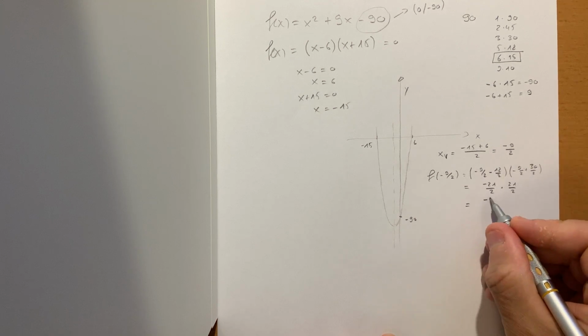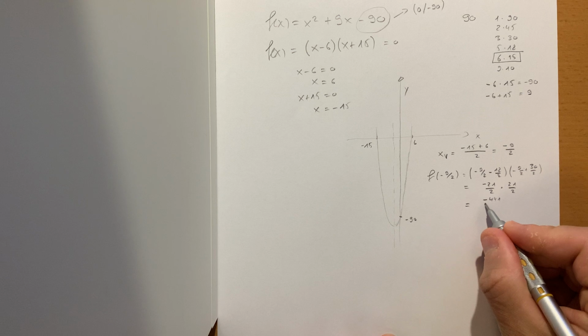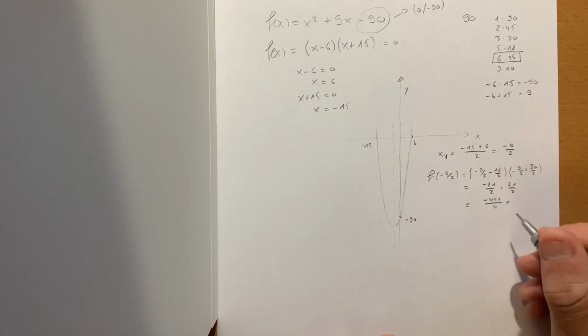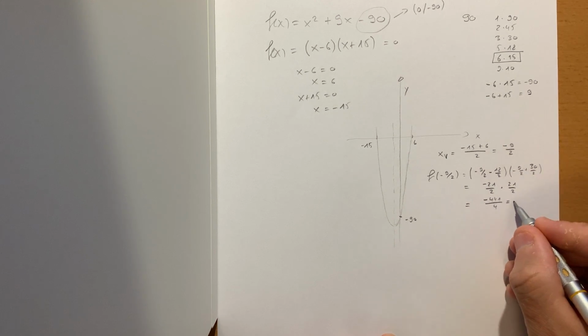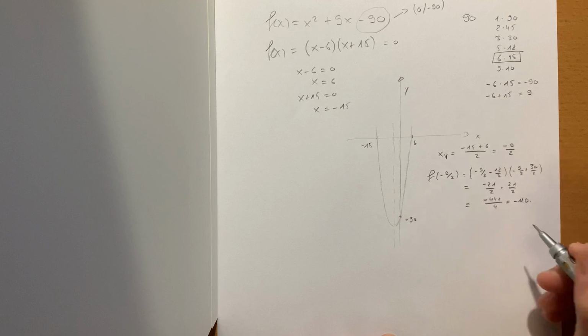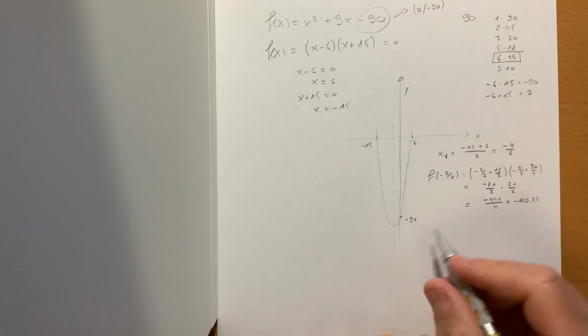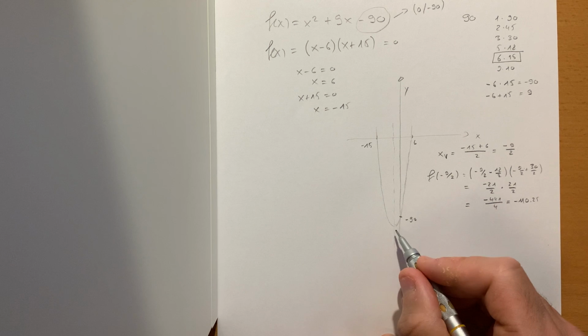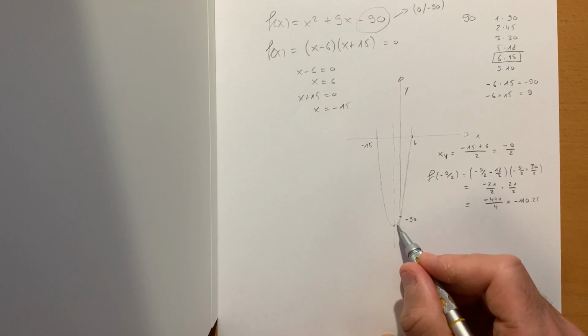So that's minus 441 quarters, which is minus 110.25. And that does make a lot of sense because it's below the minus 90.